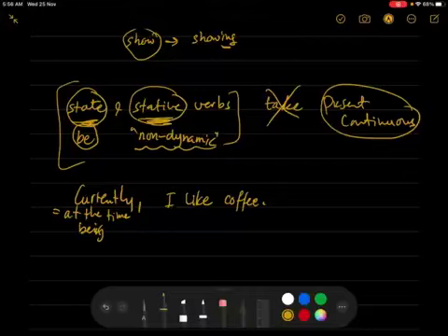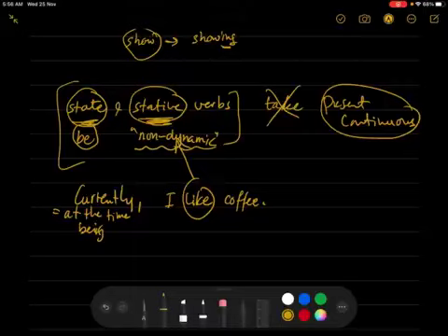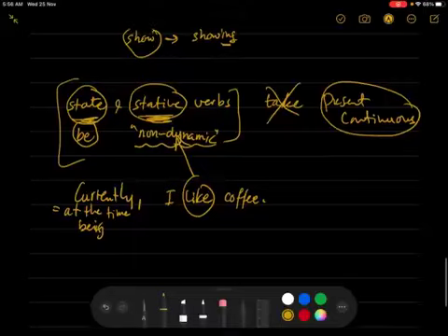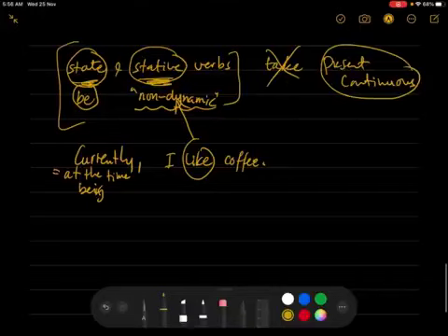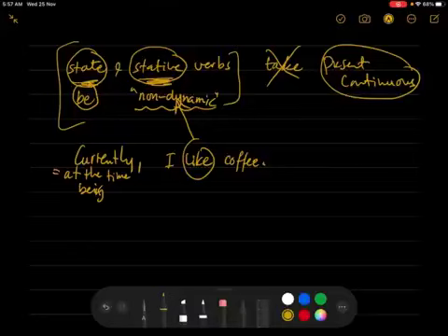We don't say currently, or at the time being, or now, or at this moment I am liking coffee, because like is a stative verb, it's a non-dynamic verb. We don't say currently I'm liking black coffee.